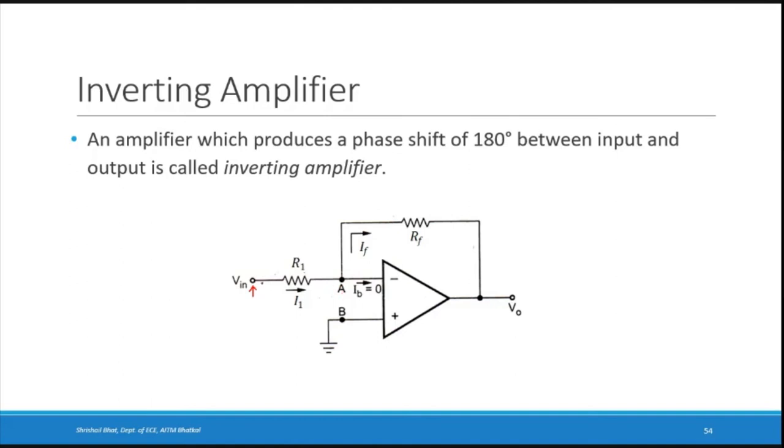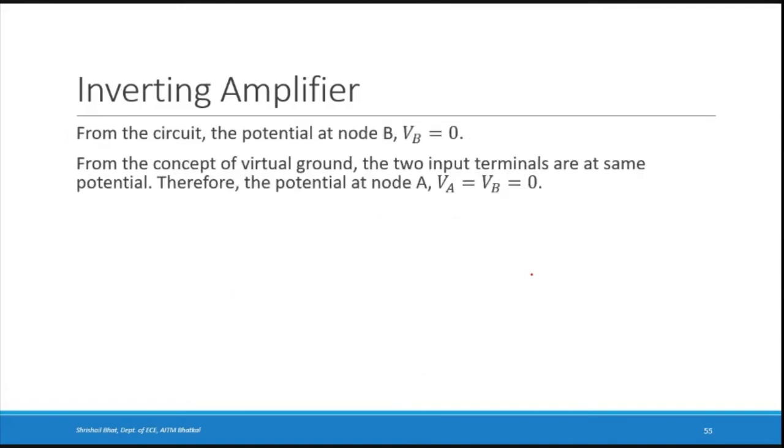So the potential difference across R1 is V in minus VA, and the resistance is R1. So the current I1 is V in minus VA divided by R1. Now what is VA? VA is 0 because VB is 0. So I1 becomes V in divided by R1.